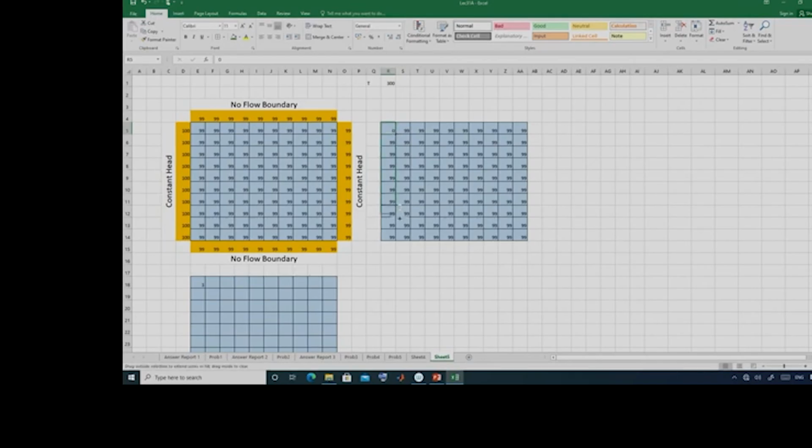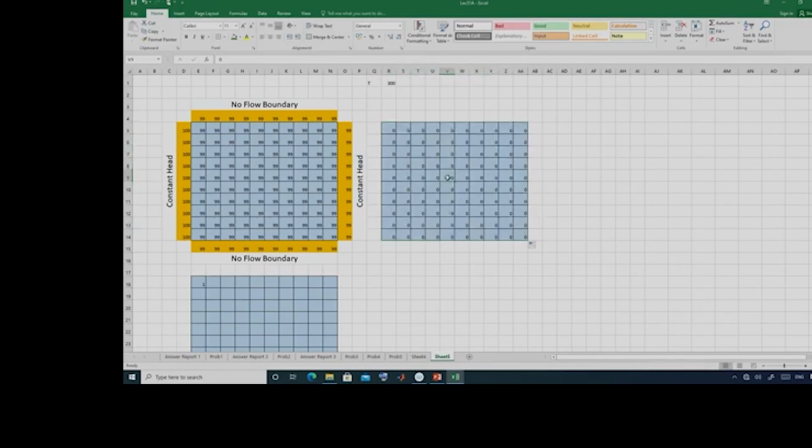I am putting all 0, and somewhere here it is minus 5000.